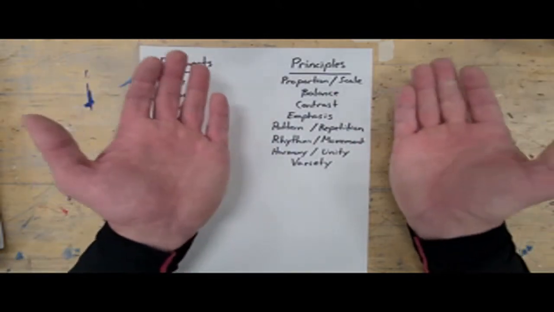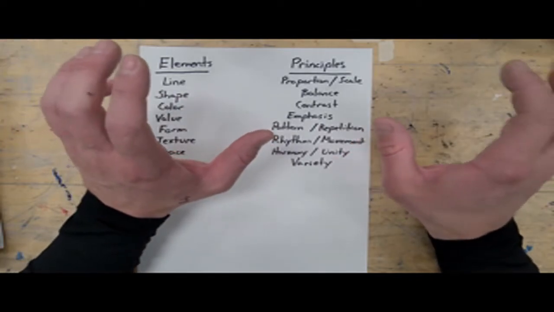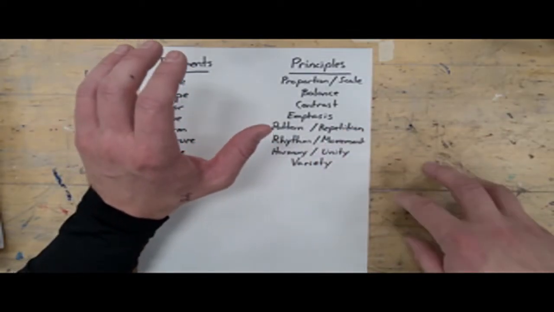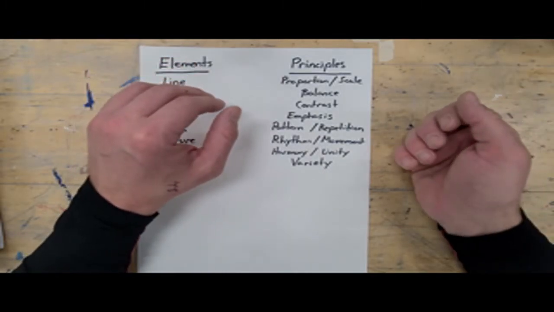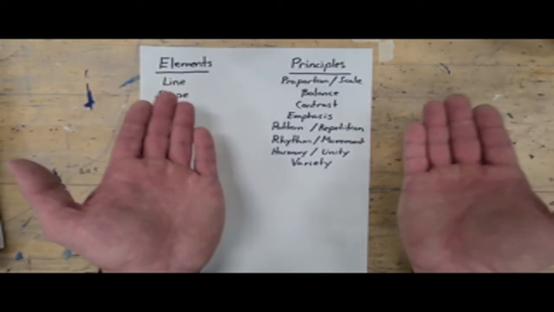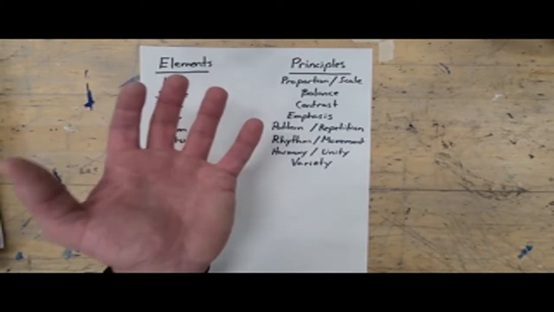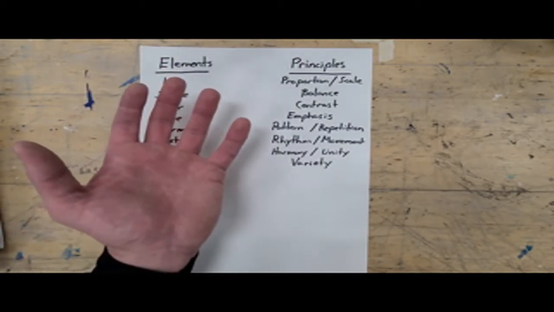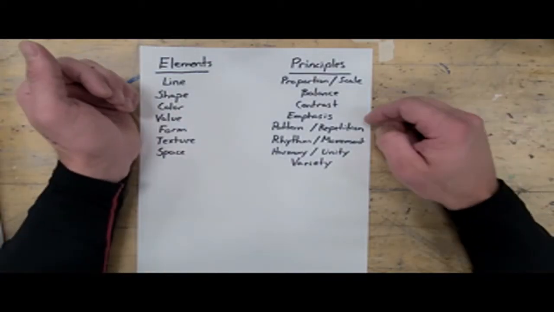Balance is equaling both sides. So this can be 2 large objects, it can be a large object and a bunch of small objects that take up the same space. So thinking about a scale, like if both sides are equal, then it's in balance. If there's a lot on one side, it is off balance and the focus becomes on one side or the other.